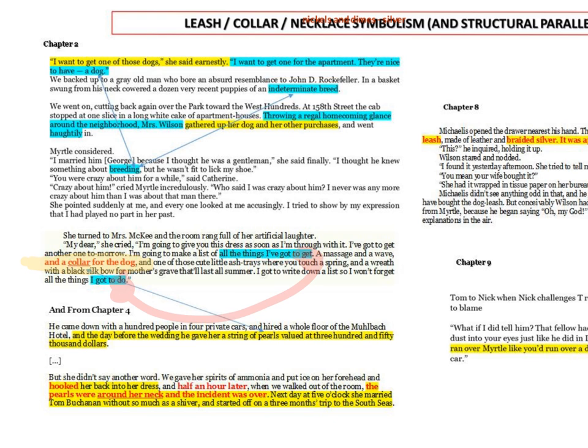Also look back up the top here, please. "I want to get one for the apartment. They're nice to have a dog." Now, look at how the animal is being represented as an acquisition, a must-have item. So when you become a homeowner, or if you rent a flat, you put your own individual stamp on it through your decor, the nice dining table you have, the lovely sort of cushions that you wish to have.